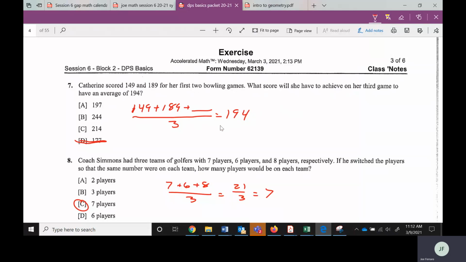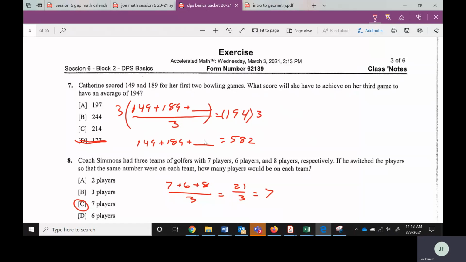Okay, so the next thing is kind of like what we just did on the last page. To find out what the sum has to be, let's multiply each side and get rid of this division. So these 3s cancel out, so we'd have 149 plus 189 plus something equals, and if we multiply this side by 3, we need to multiply this side by 3, and that's going to equal 582.